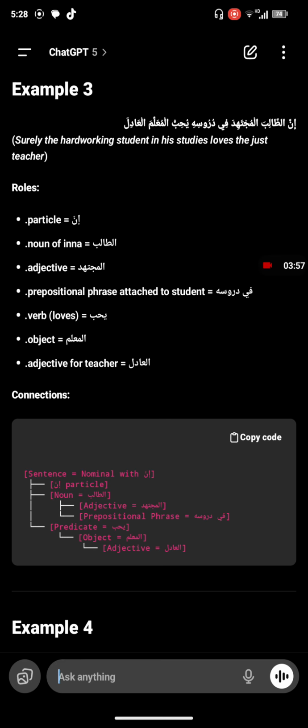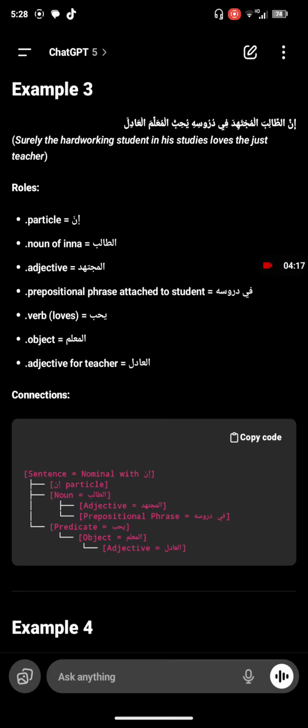So the sentence will be a nominal sentence because the noun becomes second after the particle. So anytime a noun or a verb comes after a particle that starts the sentence, then that's what the sentence is going to be. I had to find that out too.